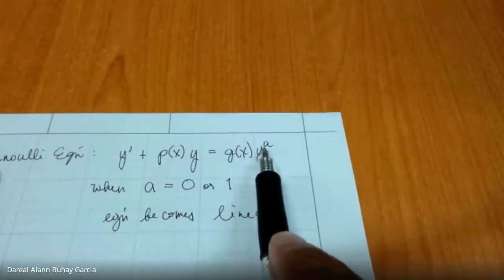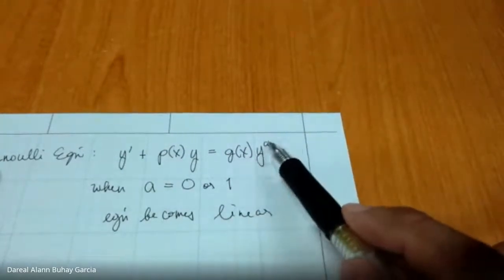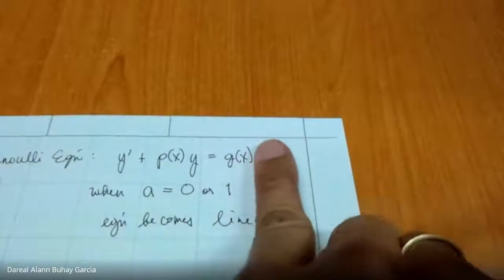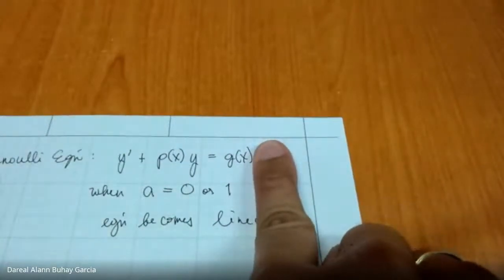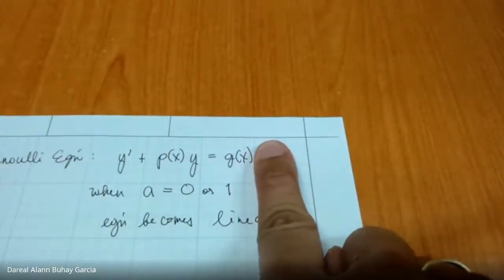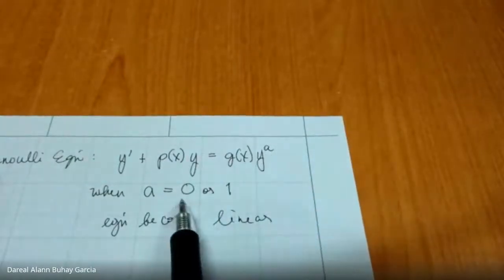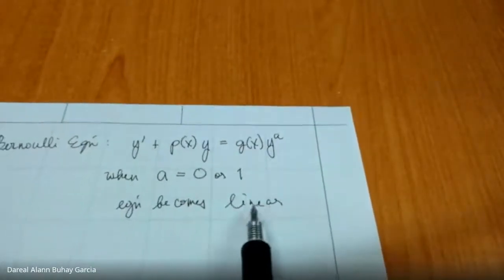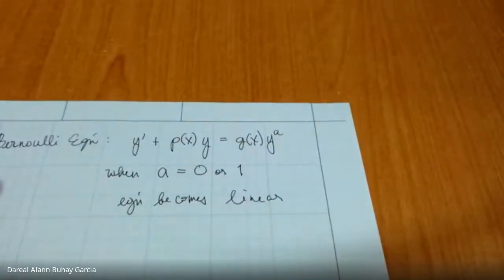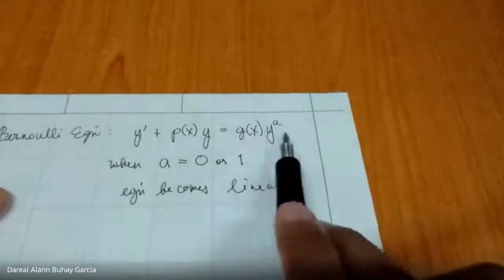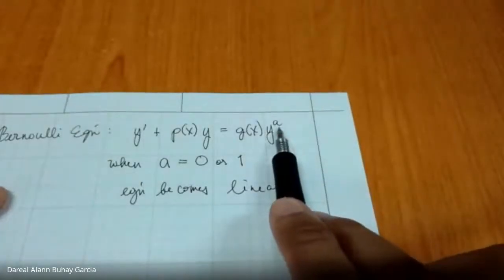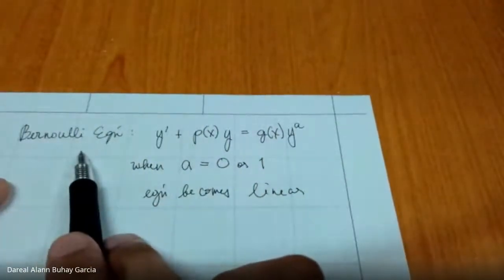If a is 0, y to the power of 0 is 1, so it disappears. It becomes a purely non-homogeneous equation. So that's the first thing you should look for, if the power is either 0 or 1. It's an automatic linear homogeneous or non-homogeneous equation. If a is not 0 or 1, it's a Bernoulli equation.